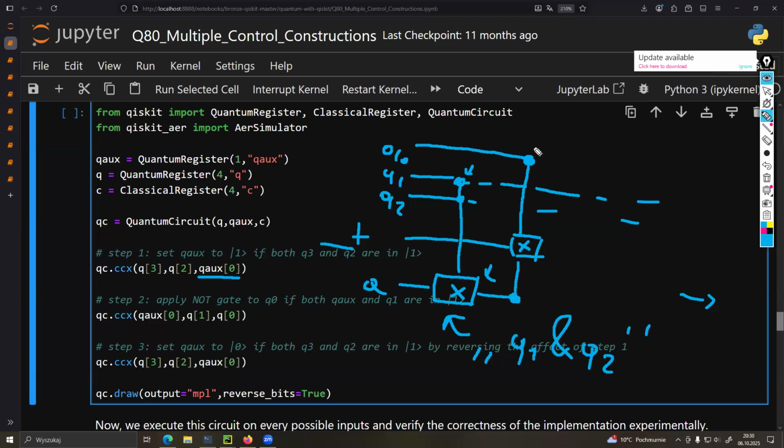Whenever it is true, and this also being true, it actually flips my target. So that is how you can use that to your advantage in making more than 2 controls at once. Yes, an ancilla is like a helper qubit.